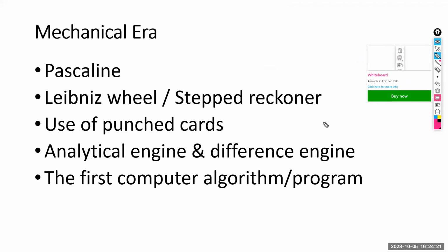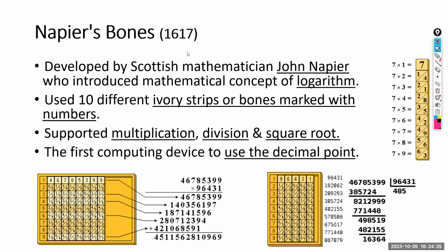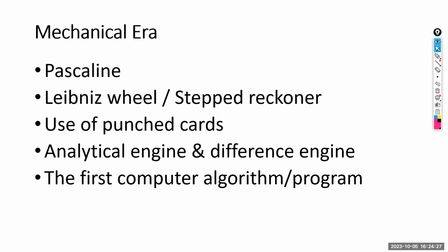because Napier's bones were used in 1617. So we'll look at a few important computers, or computing devices. We can't say computers, computing devices. What are those? The Pascaline, developed by Pascal, a very famous mathematician. You can see the mathematicians involved in these devices.